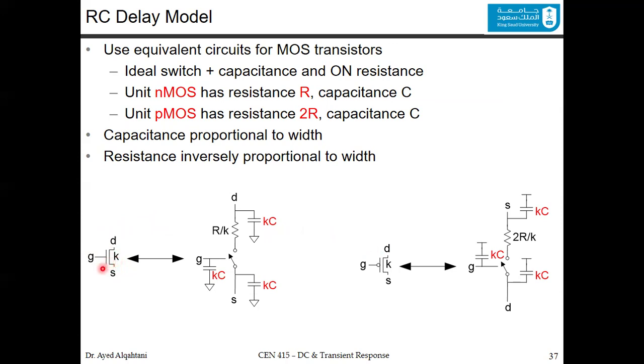So in the NMOS, if you find the width of the transistor, which is K, you would replace this transistor by 3 capacitances, one for each of the terminals: for the D, for the S, and for the gate. What's the amount of the capacitance? It's proportional to the width, which is K times C. This C is the one value that will be given to you, which is the C per unit width.